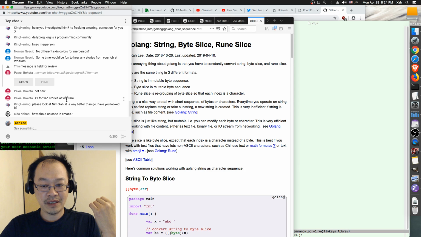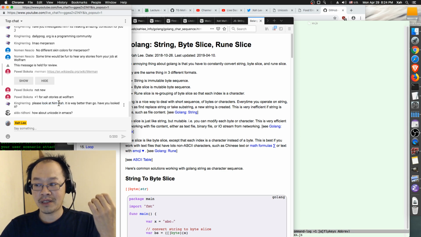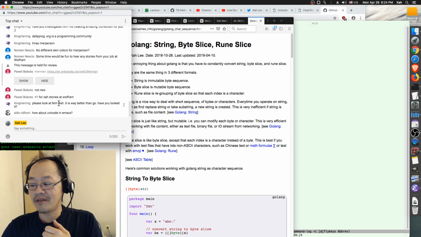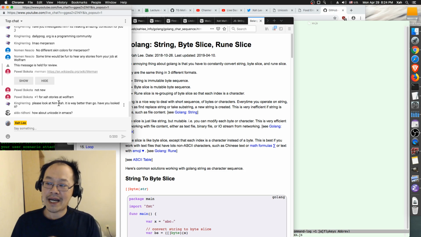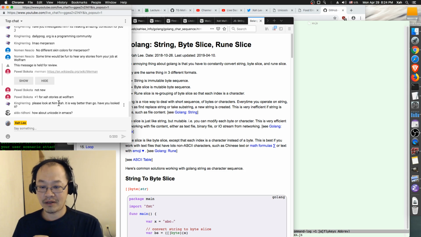Someone mentioned Nim. Well, I kind of heard of Nim. I think it's a great language, but I don't have time to learn it. Yeah, I heard many people telling me. Nim is in the same class as Golang. It's very fast.